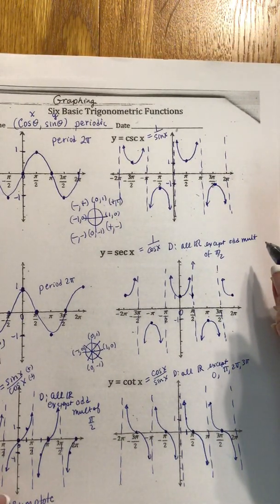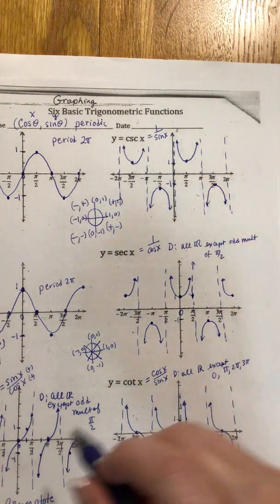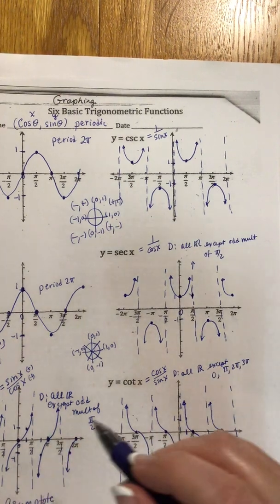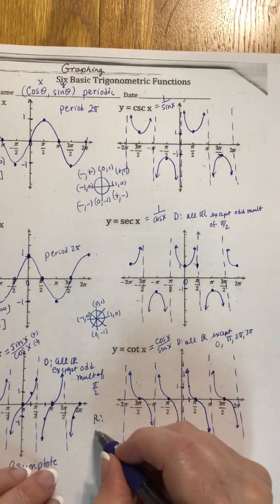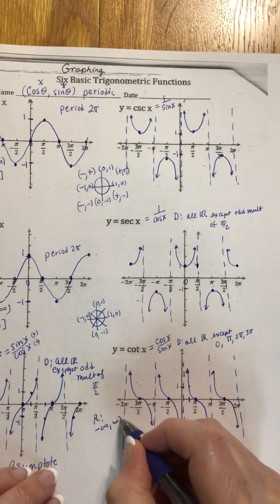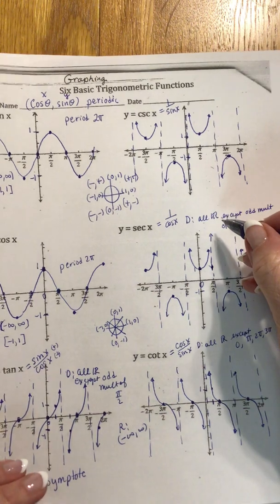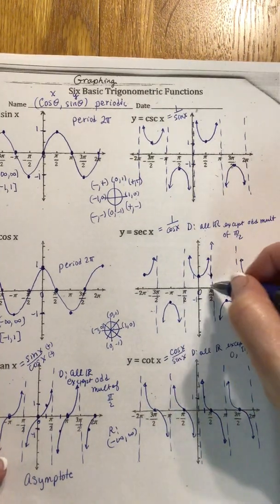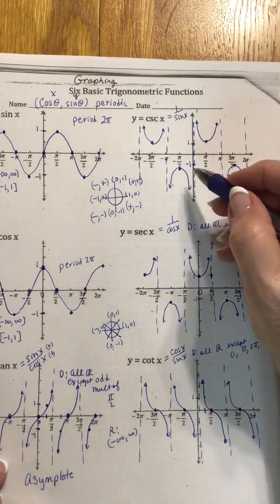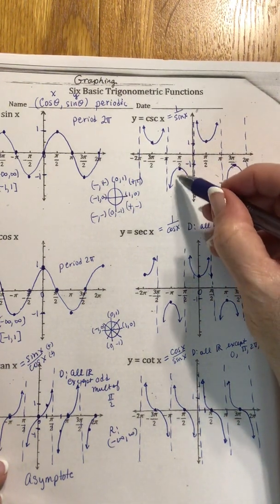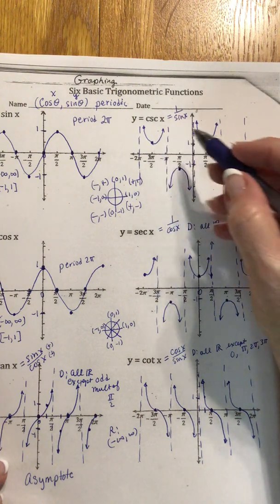Now, what do you see is going to be the range? Okay, so the range on tangent is going to be negative infinity to infinity. So tangent and cotangent, their range is negative infinity to infinity. But on cosecant and secant, this part in between here is not part of the range. So we have from negative infinity to negative 1, union with 1 to infinity.